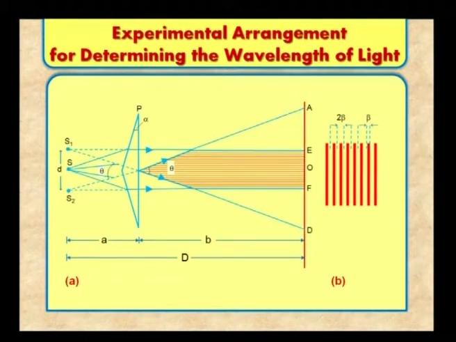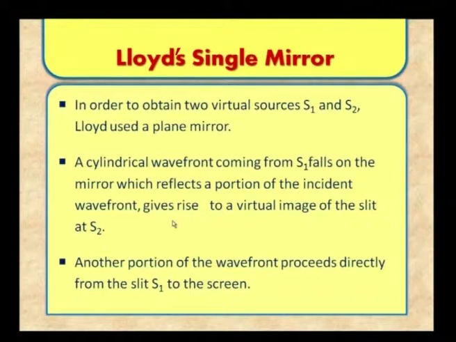Instead of a biprism, can we think of some other method for obtaining two coherent sources? Here comes another method given by Lloyd, called Lloyd's single mirror.